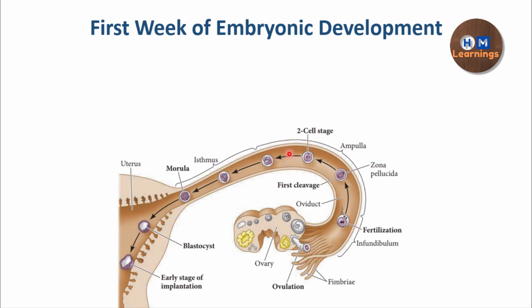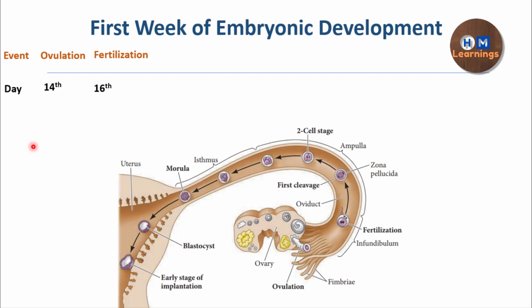From the two cell stage, through a series of divisions, it will finally form a 16 cell stage called a morula. Then it will enter the uterus and adhere to the uterine wall.